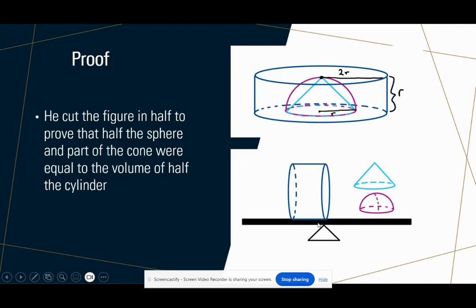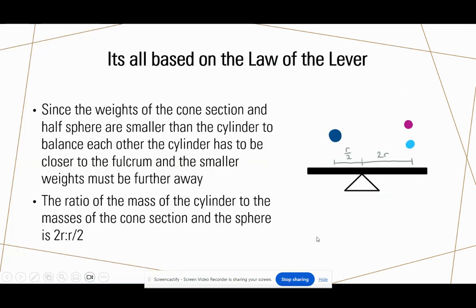If we go back to that, that's basically just saying that this center of mass is right in the middle of the cylinder. Since this distance is r, this distance is r over 2. And then same kind of thing over here. When he put these on here to balance them out, the center of mass is right in the middle of both of these, which is 2r away from the fulcrum.